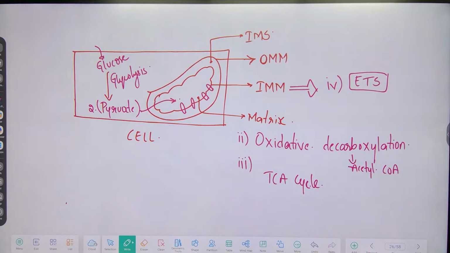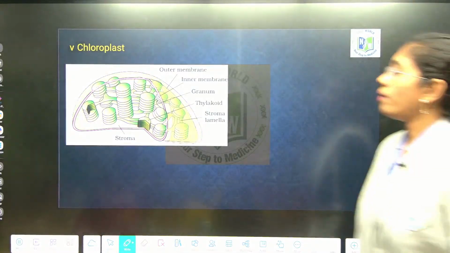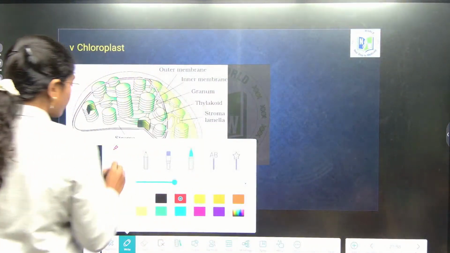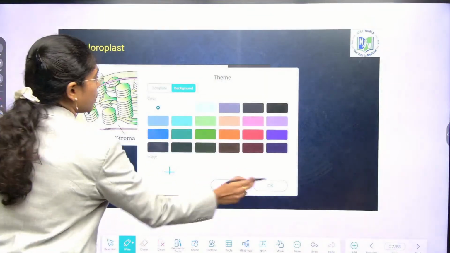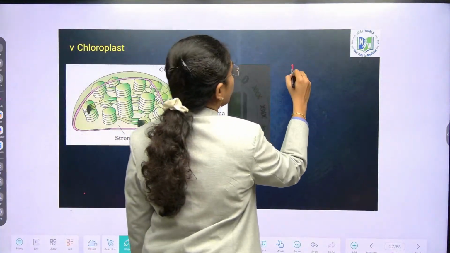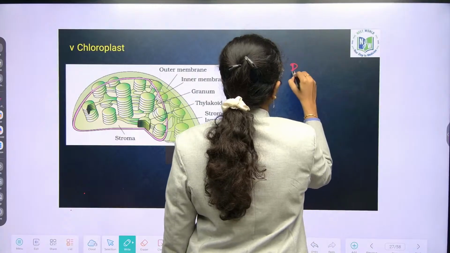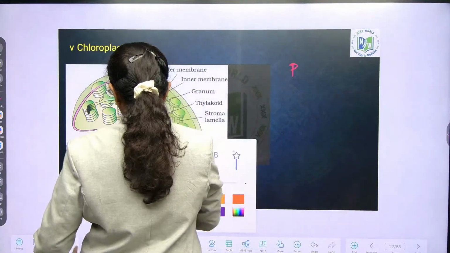Done? Now about plastids. We have 3 types of plastids. What are they? Plastids are again double membrane bound.